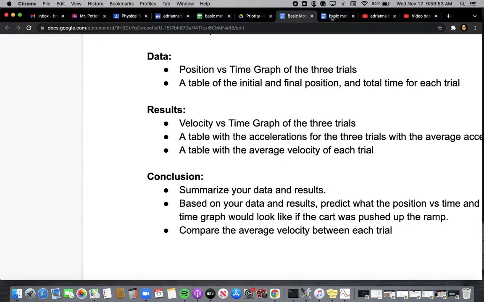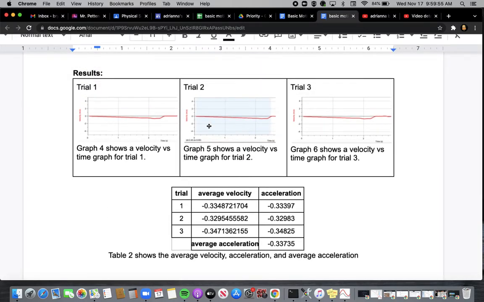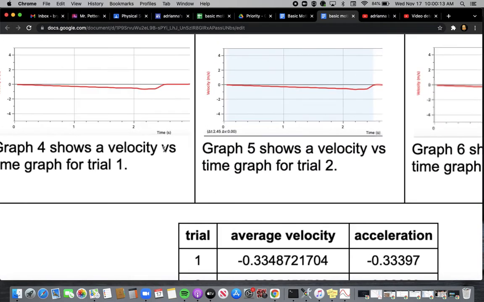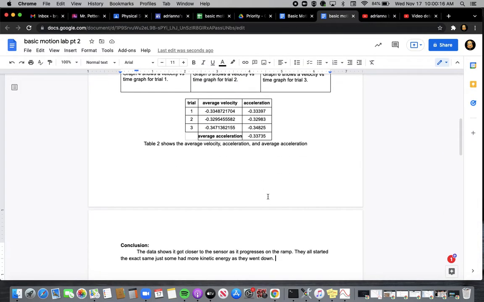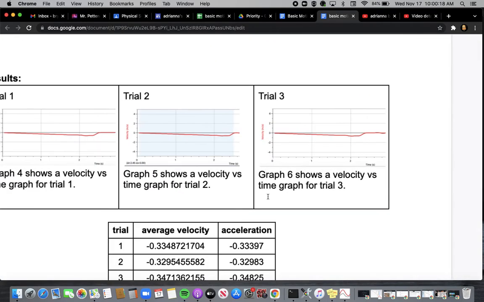It's still data that was given to us that we either had to figure out or that we already had figured out from our resources. So graphs 4, 5, and 6 show the velocity versus time graph for each of the trials. When they go up, that is when my partner had stopped them.